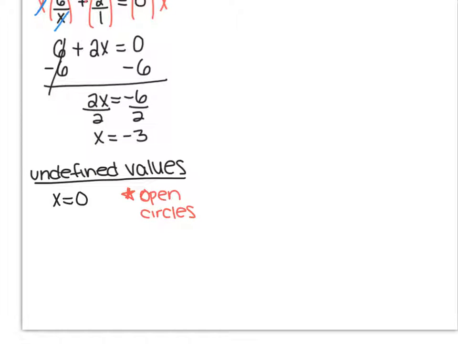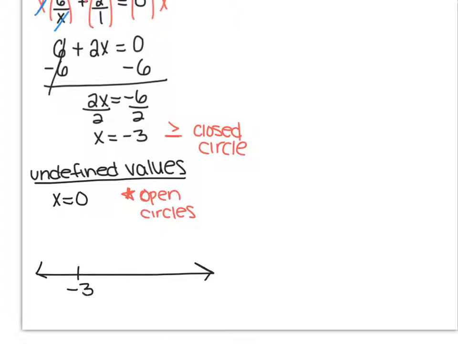And because this sign was a greater than or equal to, it's going to be a closed circle. So now we're going to make our number line, and we're going to put negative 3 and 0. Now, 0 is going to get an open circle, but negative 3 is going to get a closed. So negative 3 and then 0.